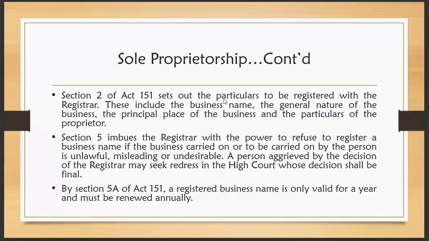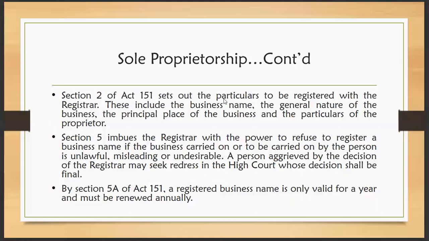Now, pursuant to Section 5 of Act 151, the registrar can refuse to register a proposed business name if, in the view of the registrar, the business carried on or to be carried on by the person seeking to register that business name is unlawful, misleading, or undesirable.